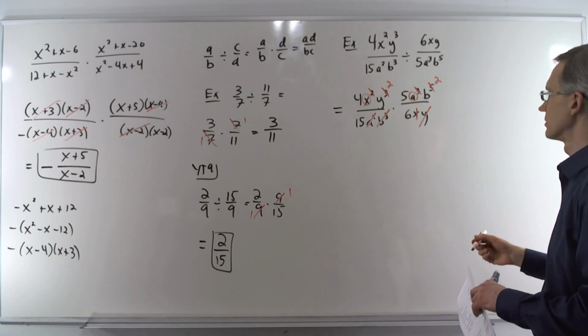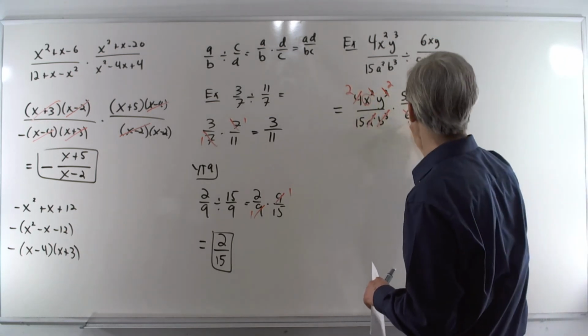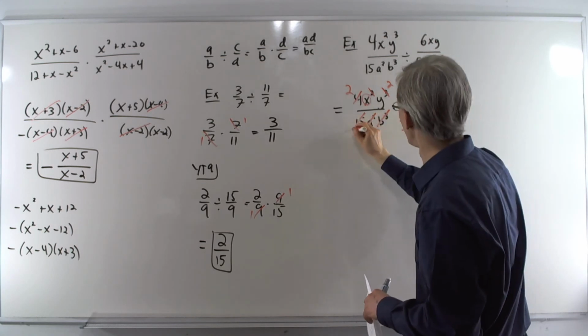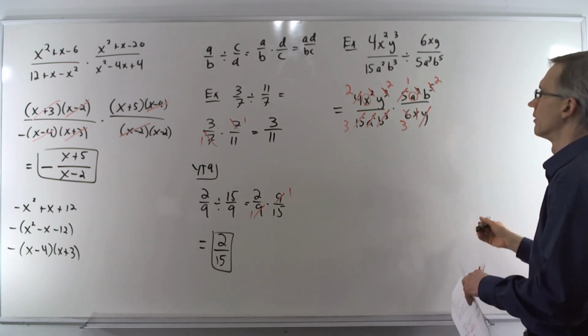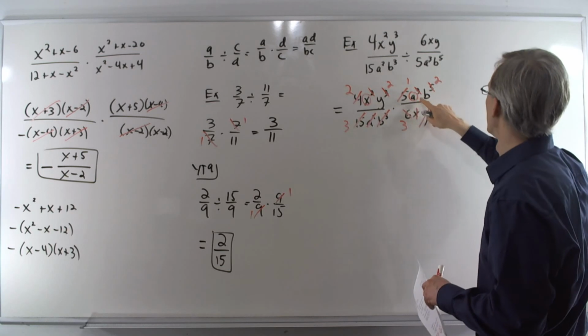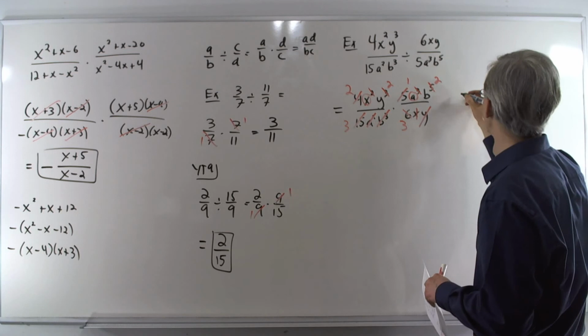Now we can do the numbers. 4 over 6 reduces to 2/3. 5 over 15 reduces to 1/3. So what do we have left now? We've got 2 times x times a times b squared.